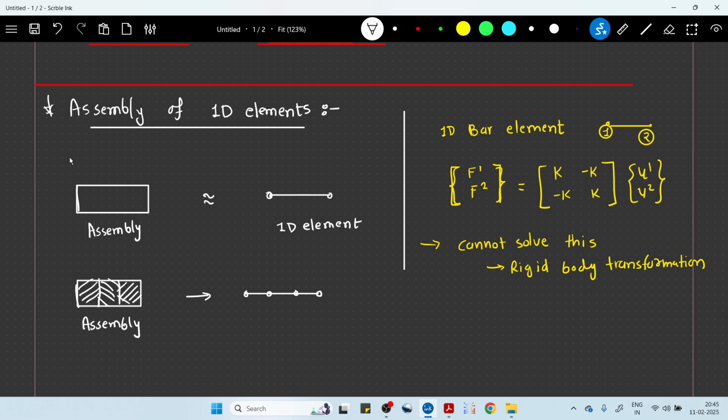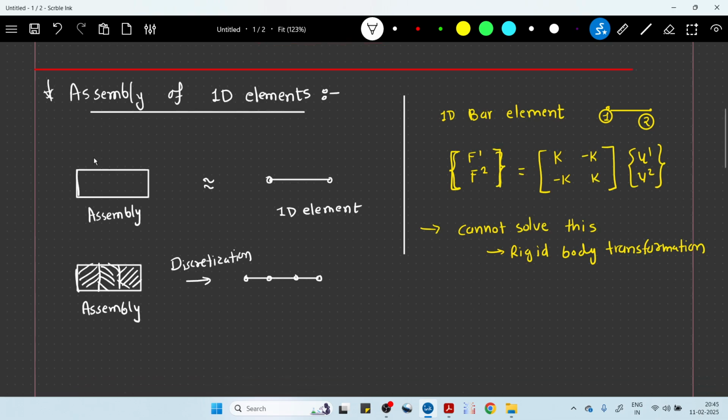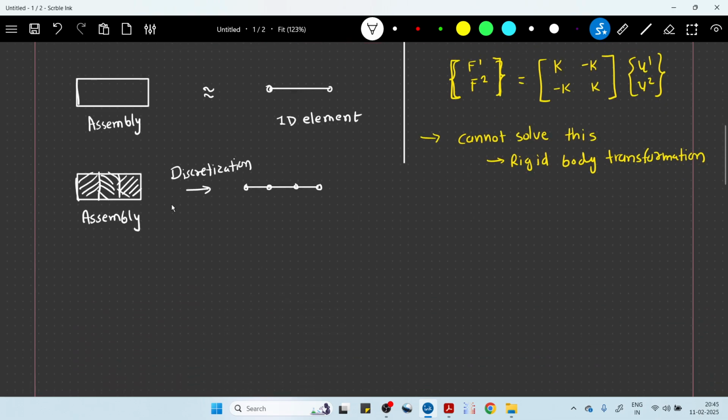So this is nothing but discretization. When we applied discretization on the assembly, we got a finite number of elements. This is the main idea behind the finite element method.